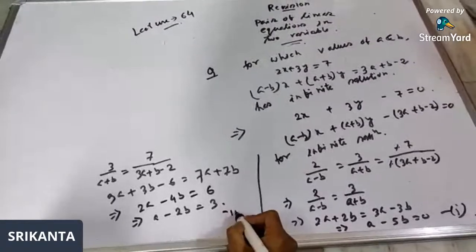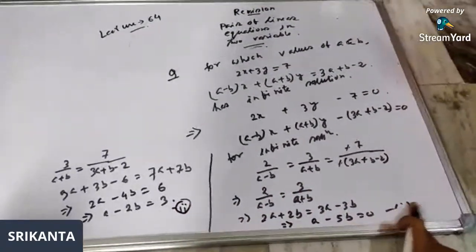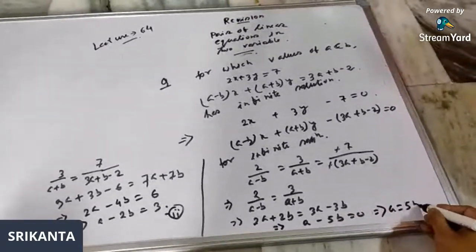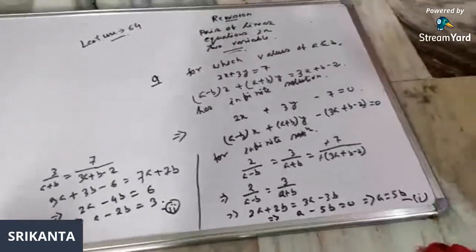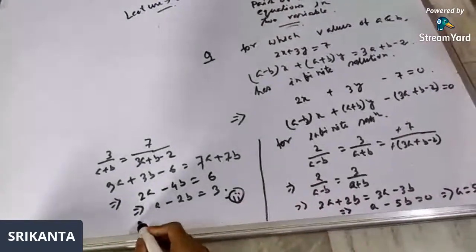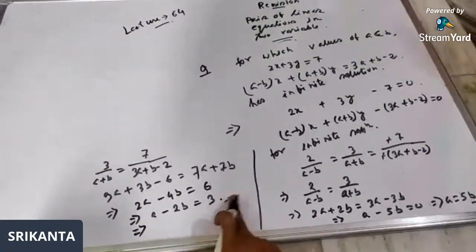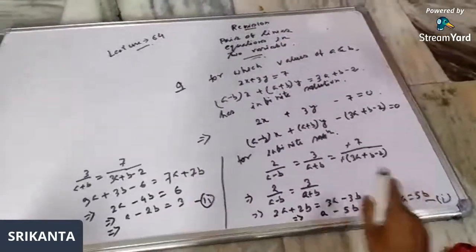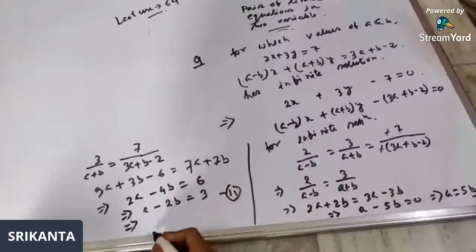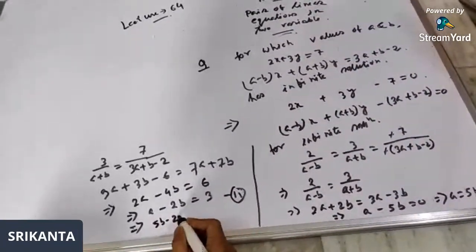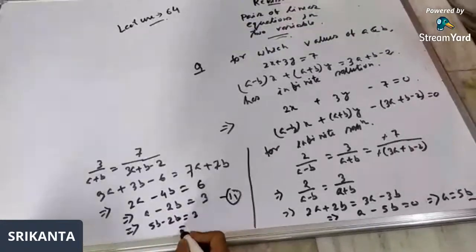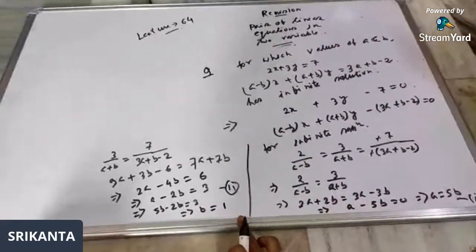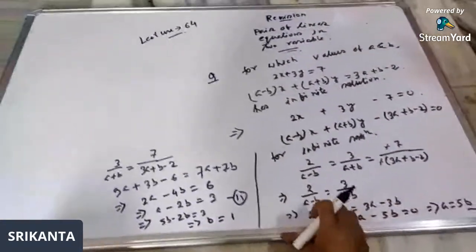That's our equation 2. Now from this one we can easily have a is equal to 5b. Now you put this as equation 1. Now put the value of a. Here also you are using substitution. If a you put 5b, 5b minus 2b, this implies 3b is equal to 3. That means b is equal to 1. If b is equal to 1, from 1 what do you have? a is equal to 5.